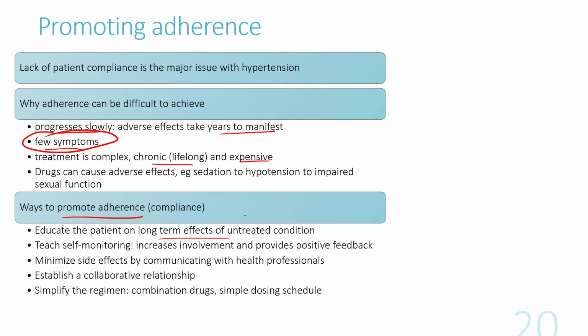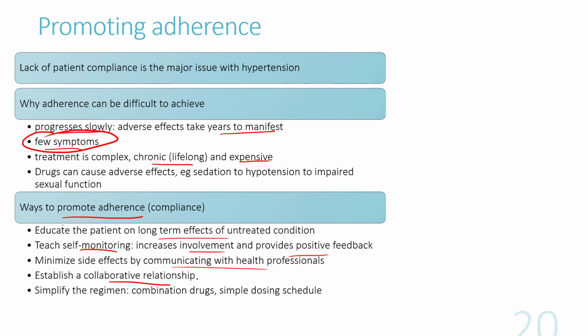So cardiovascular effects, renal effects, strokes. Teaching self-monitoring: again, teaching the patient how to monitor or take their blood pressure measurement and see the effect of the drugs on the blood pressure. That promotes positive feedback and increases involvement. Minimize side effects by communicating with health professionals. So again, if there are any adverse effects that come up, they can go back to the health professional so that a different drug can be prescribed.